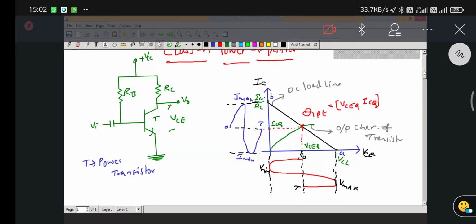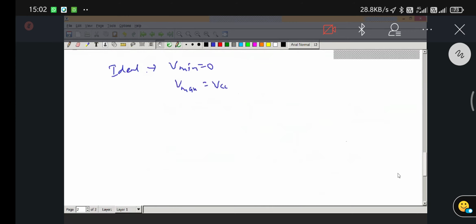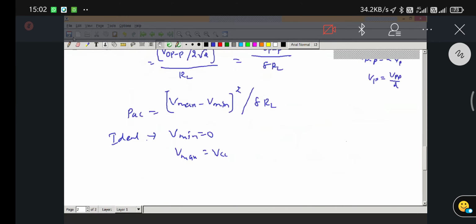Why have I taken this? If you want to find out the maximum AC output power, then we take the maximum and minimum values here. If I substitute these maximum and minimum values in the above expression, we get the maximum AC output power.